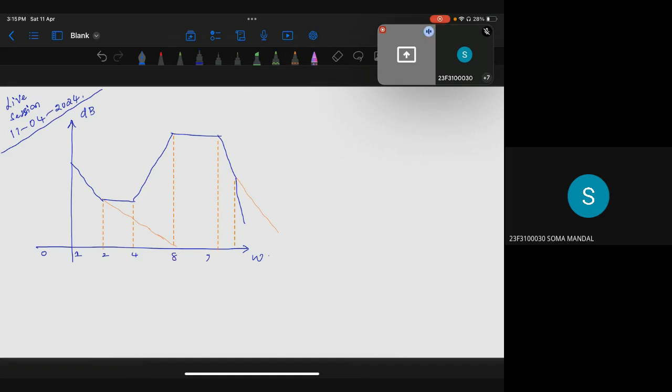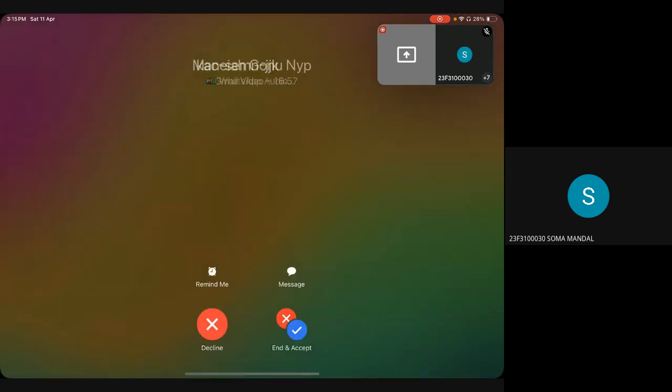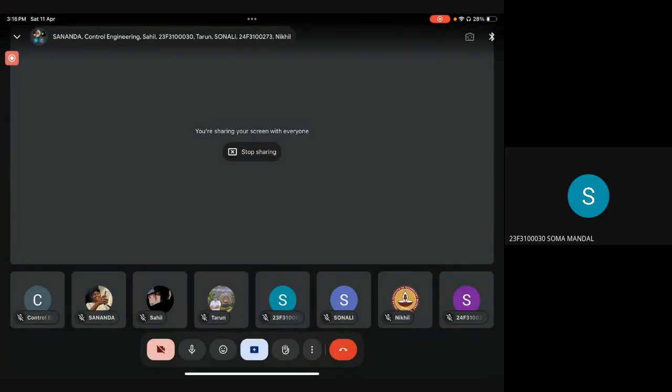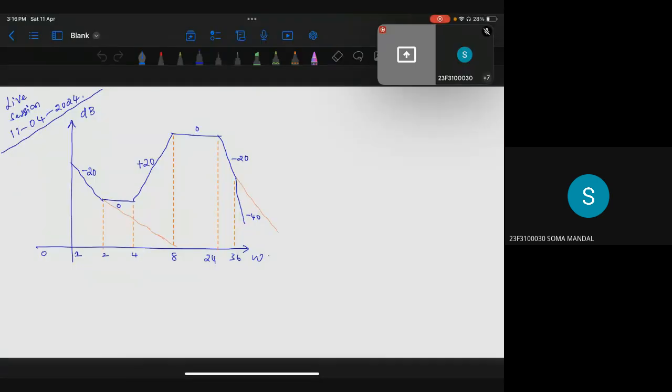Okay, and this is 8 to 24, 36. Now can you see this? So this is minus 20, 0, plus 20, 0, minus 20. This is minus 40. So okay, this is the Bode plot given. Can you see this, everyone? Yes, sir. So this is the general question.